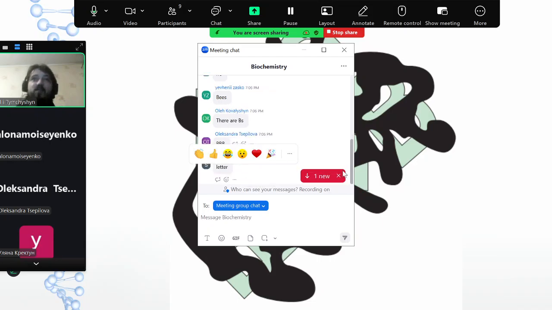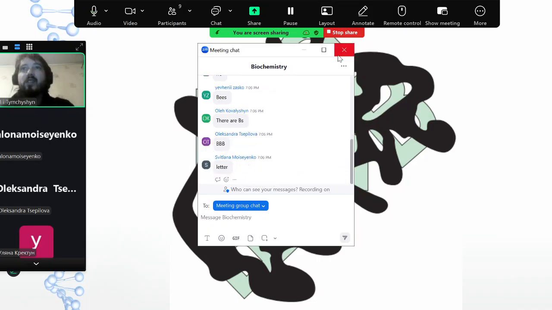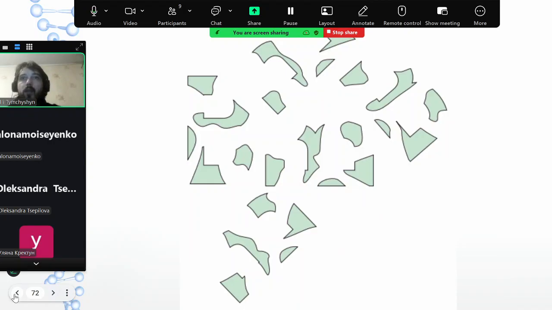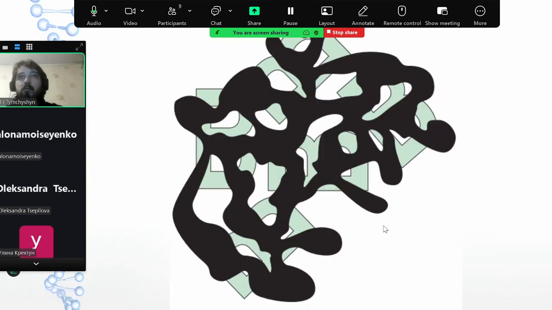B's, yes, absolutely correct. There are a lot of letters B in here, and that's basically the same image. So the previous image and this image are the same.